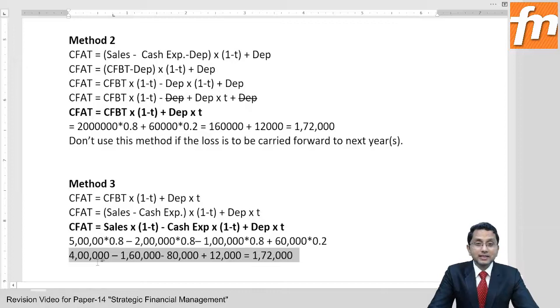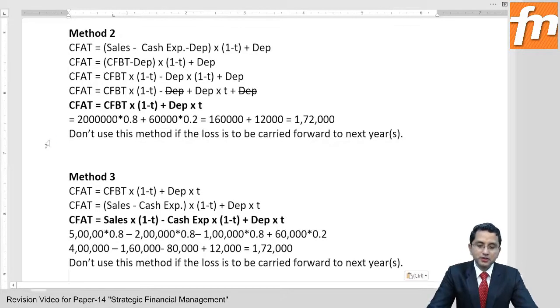Your after tax sales is 4 lakh, after tax raw material cost is 160, after tax labor cost is 80, tax benefit on depreciation is 12, 1,72,000. Again, the same caution notice. Don't use this method if the loss is to be carried forward to next year.